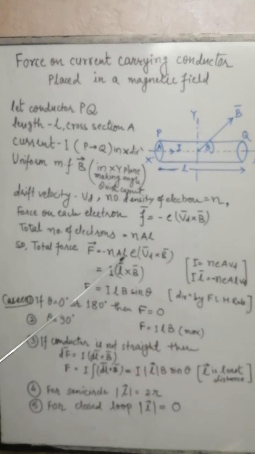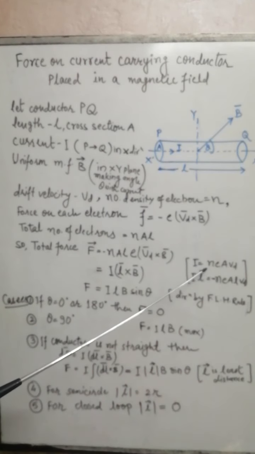And at the starting of current electricity, we have learnt about current I. I is equal to neAVd. We know that current is a scalar quantity.